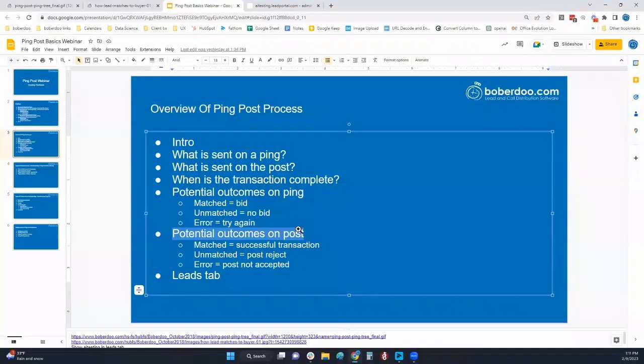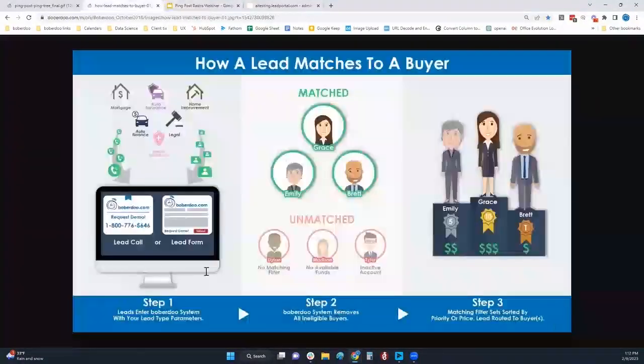That brings us to those potential outcomes on the post that we were just talking about. Along the way, when you return the matched response back to the seller, that means that the transaction is successful and complete. And unmatched is where we get into post rejects.